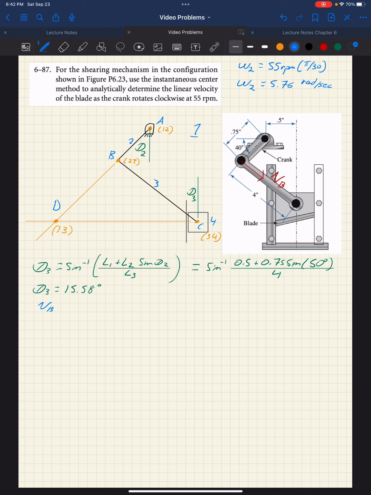And VB is easy enough to solve. It's equal to omega 2 times L2, so 5.76 radians per second multiplied by link 2, which is 0.75 inches, and that gives us 4.32 inches per second.